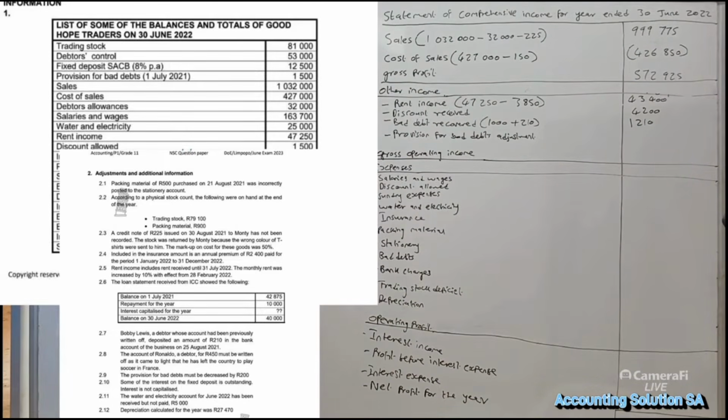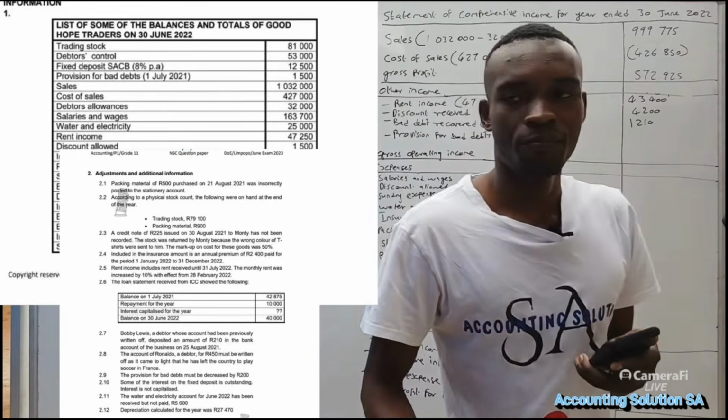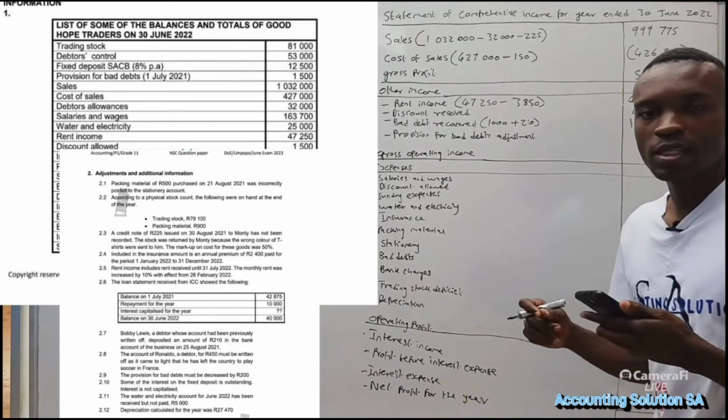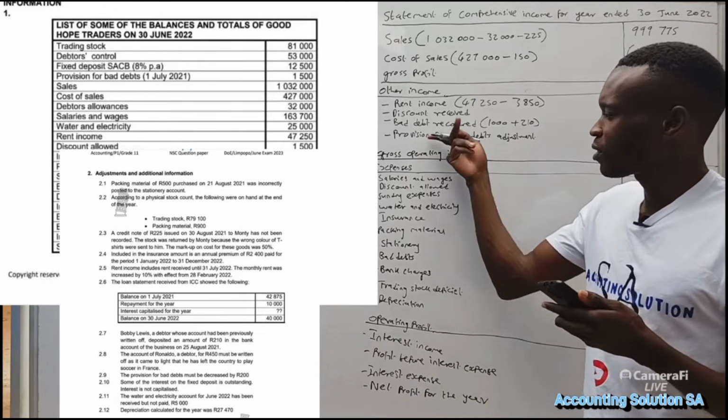Okay, then provision for bad debts, we're going to go to adjustment number 2.9. The provision for bad debts must be decreased by 200. Listen very carefully. So this one has decreased. What is provision for bad debts?